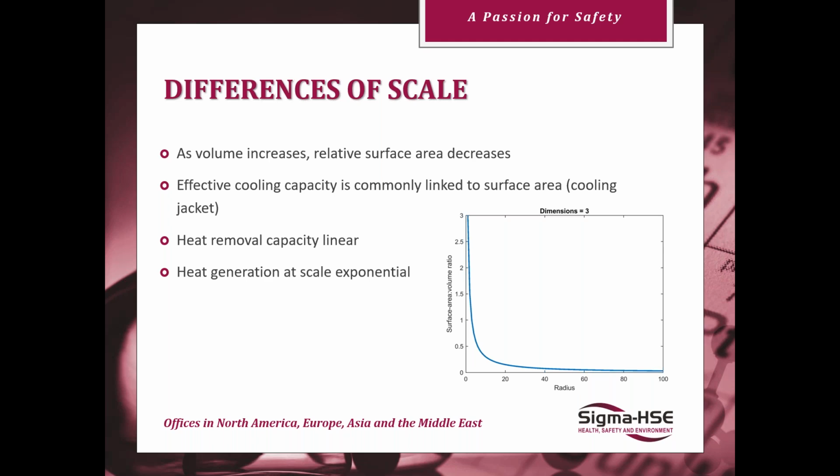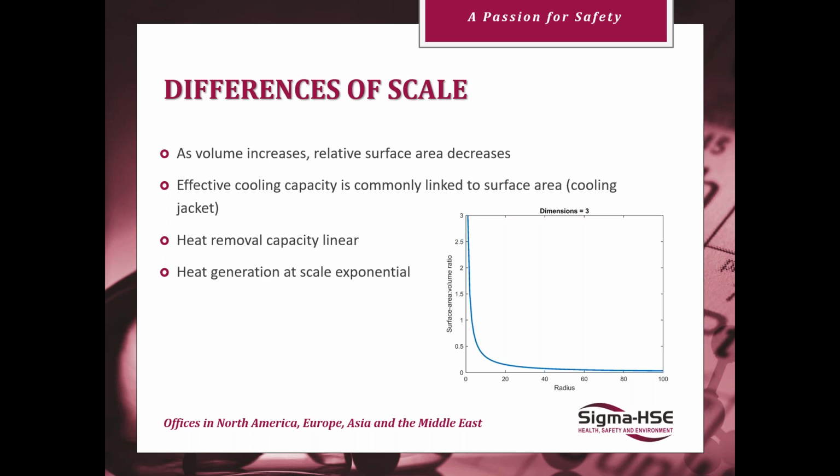So as you grow the volume of your reactor, you get less and less relative surface area. Typically, the effective cooling capacity is linked to the surface area of the reactor. We'll have a cooling jacket on the outside of the reactor, and that is the main route to cool your reactor, which is fully surface area linked.